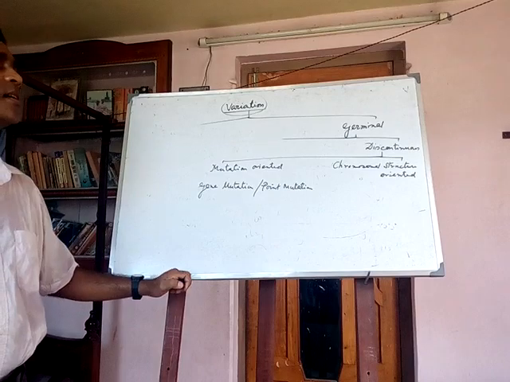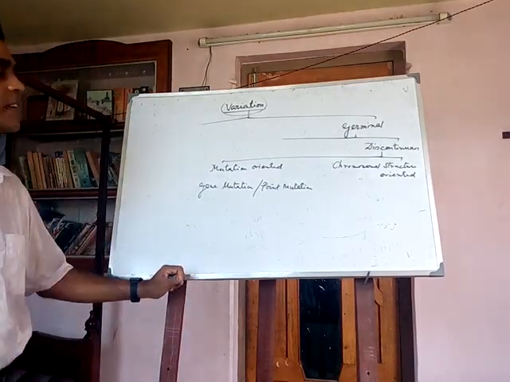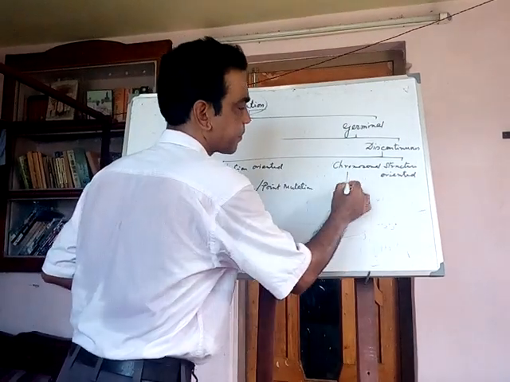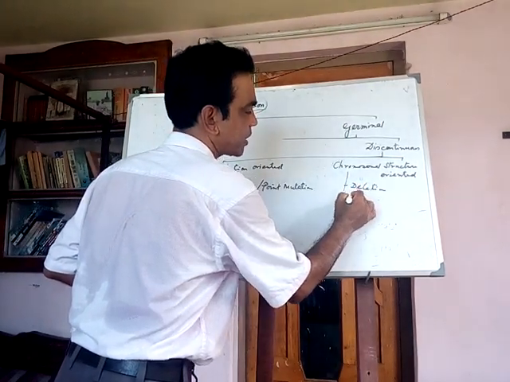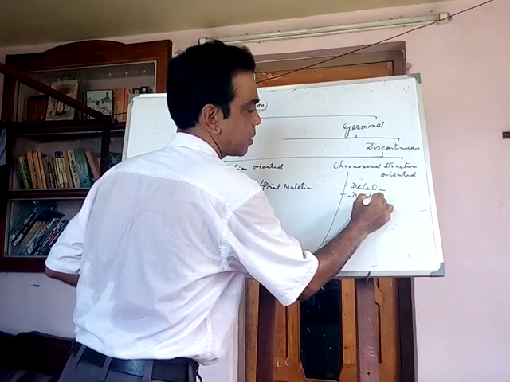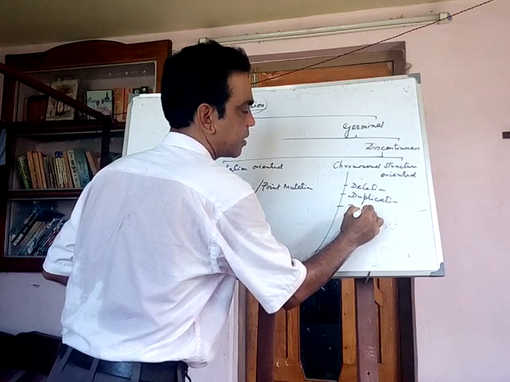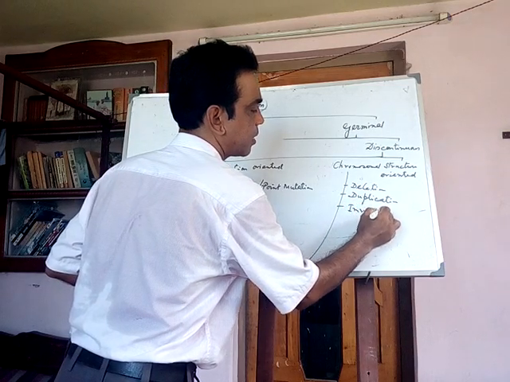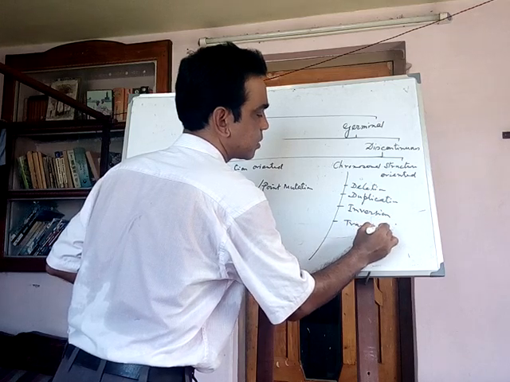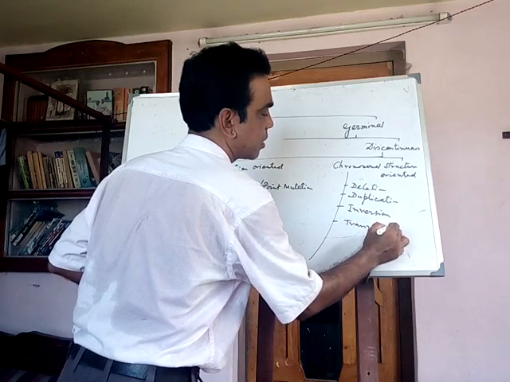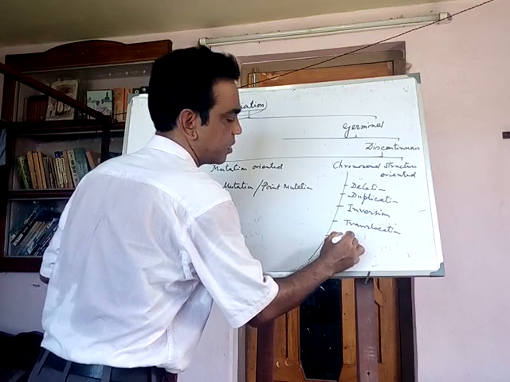Chromosomal structures are changed by various processes, that is deletion, duplication, inversion, translocation, aneuploidy, euploidy and polyploidy.